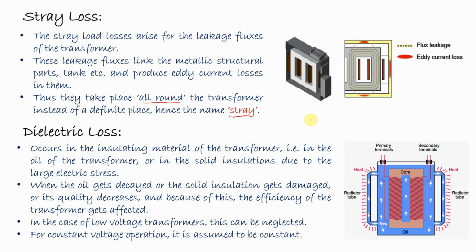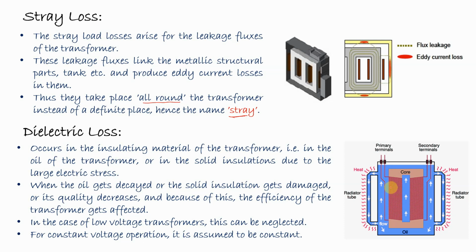So what is dielectric loss? As we have already said, for a bigger size transformer, the main part of the transformer is put within a tank which is filled with oil. This oil is basically used to cool the transformer, because during operation different types of losses occur in a transformer, and these losses are converted to heat energy, and this heat should be dissipated.